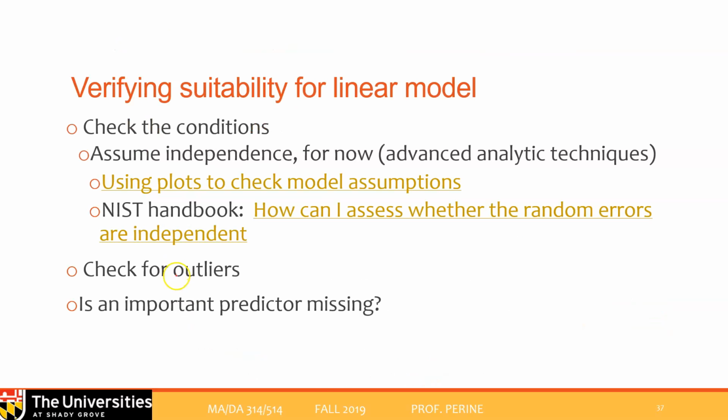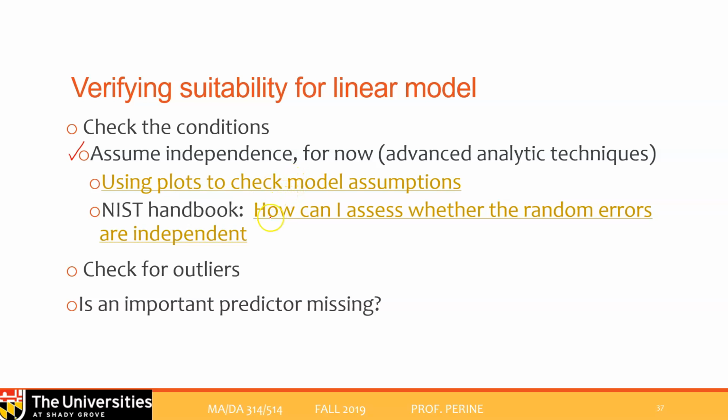But we're going to focus on verifying our conditions. For now, we're going to assume independence, although it's possible to check for independence of the residuals. It's a little bit more advanced than our class. There are some plots that you can use here. If you follow those links, hopefully they will show up on the PDF.